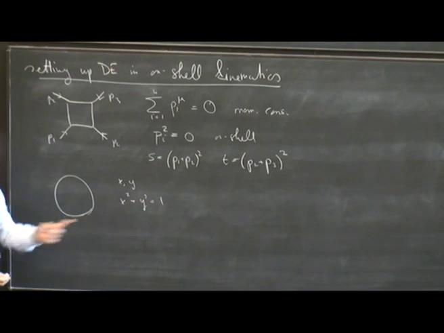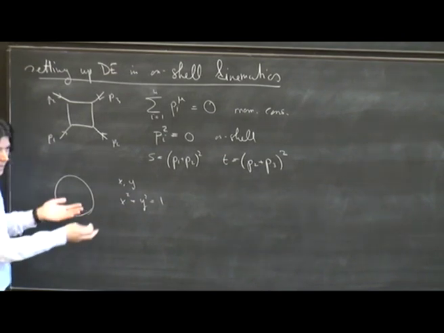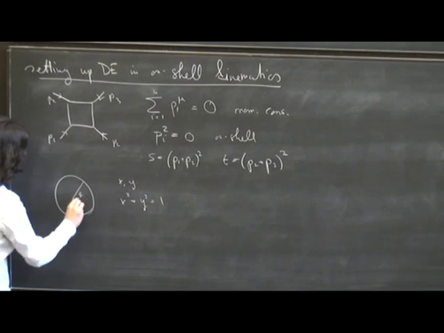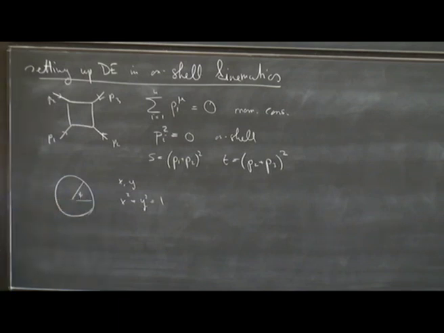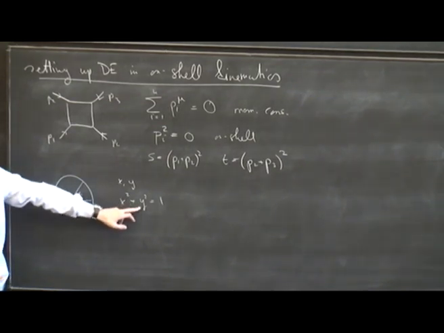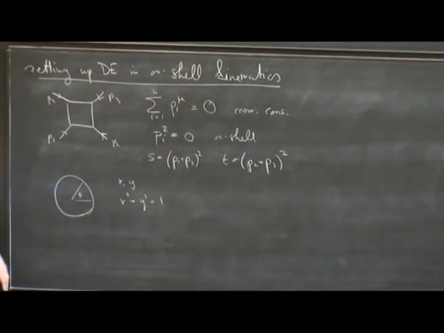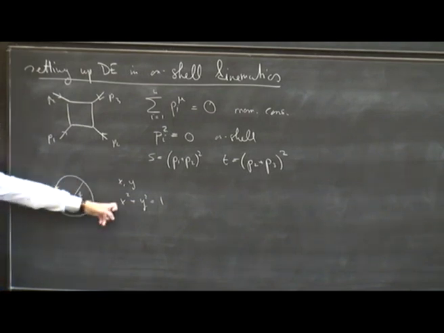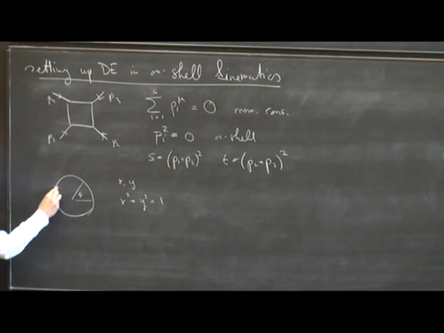Clearly, this only depends on one non-trivial variable, and we could solve this by introducing some angle. Then there would be no problem differentiating with respect to that angle. But now we're in the situation that we want to differentiate with respect to x or y separately. So this is possible, but we have to make sure that we have some point on this circle satisfying this constraint, and if we differentiate, we stay on the surface of the constraint.